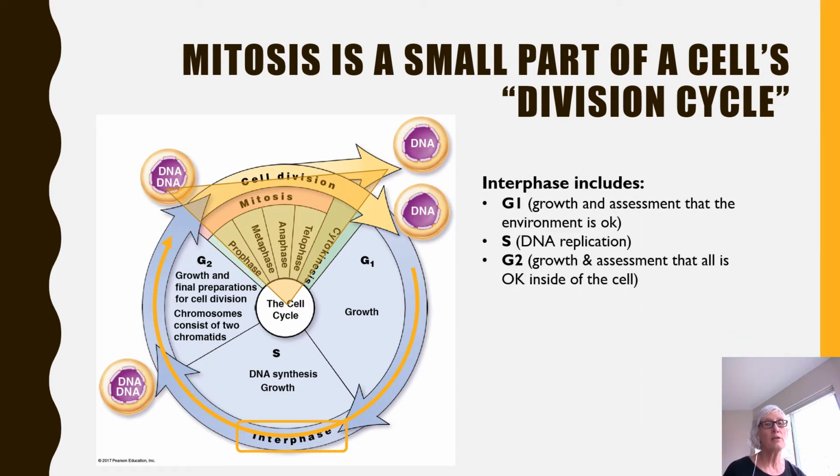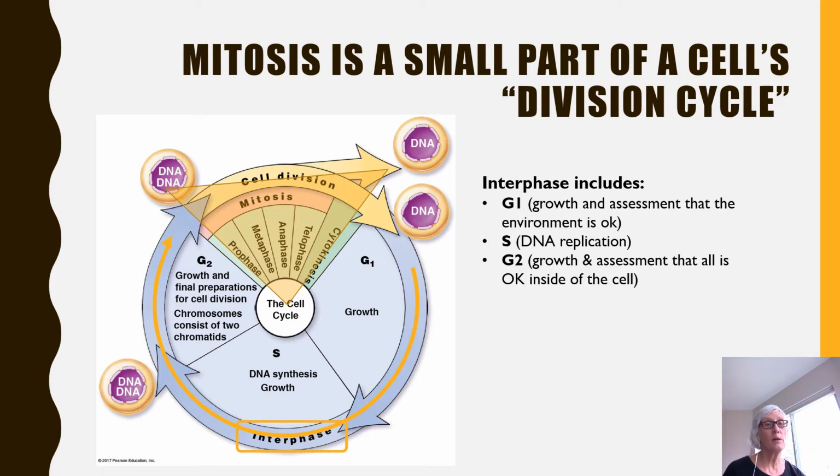We have a G1 phase of interphase during which growth occurs, and the cells that are hanging out in the G1 phase of interphase are sort of gathering information from the environment to determine whether or not the environment would support more cells, so would support cellular reproduction.